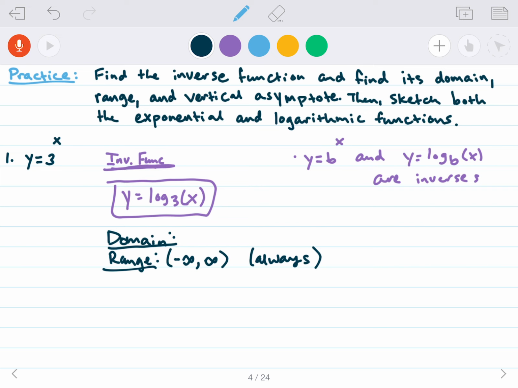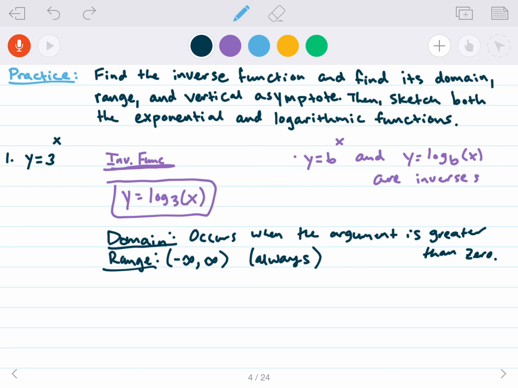The domain, on the other hand, occurs when the argument is greater than 0. Remember, we had that rule last time. We want to make sure whatever is in parentheses is bigger than 0, and that's going to be included in our domain.